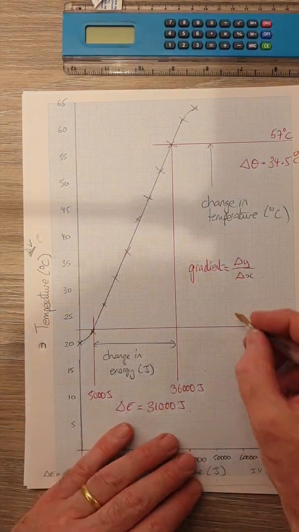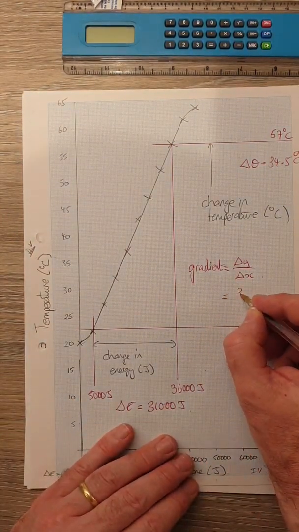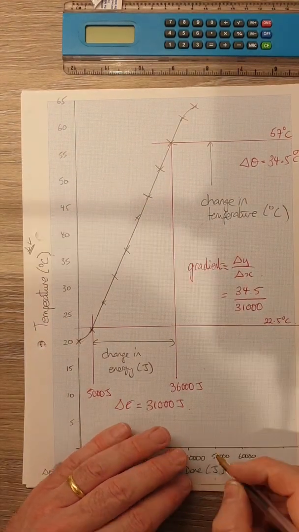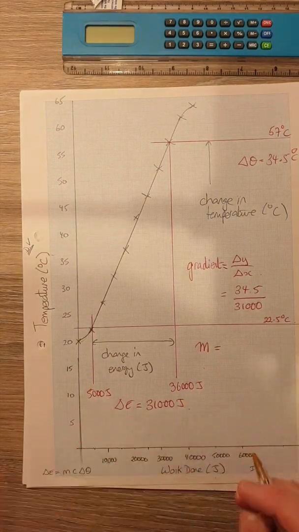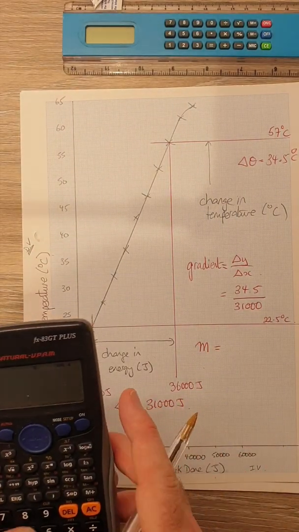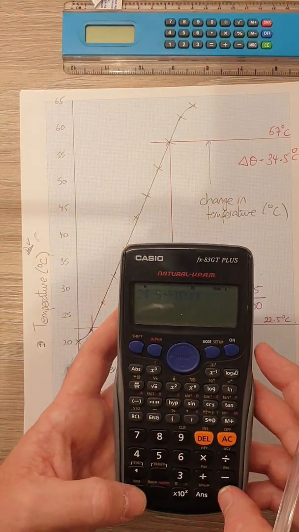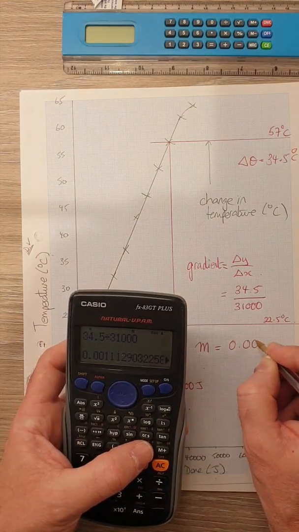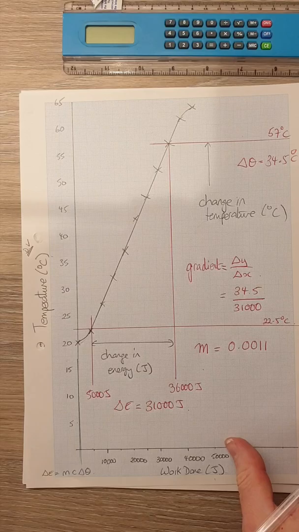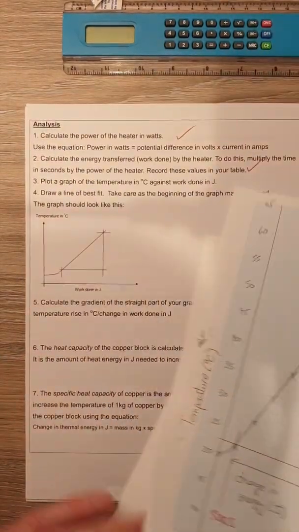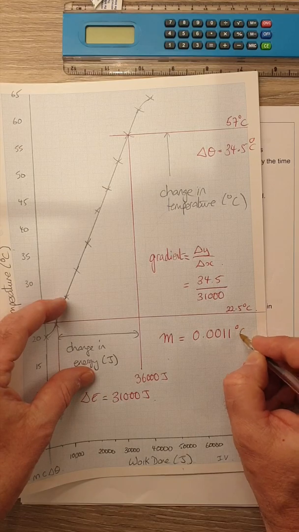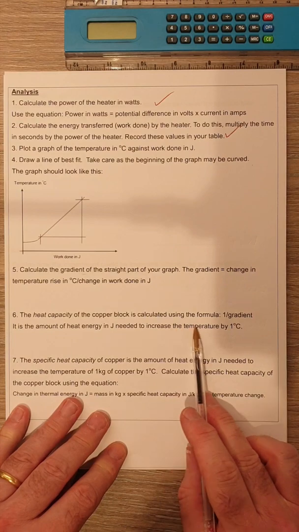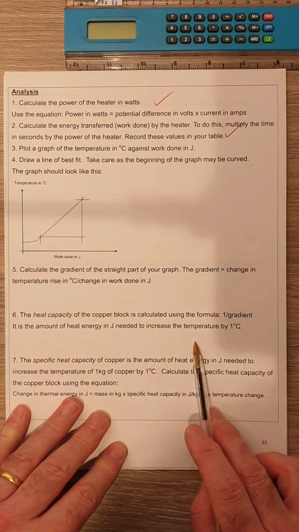So my gradient, change in y over change in x, is equal to 34.5 divided by 31,000. The value I've got for the gradient is 0.011. Remember, units are going to be per joule. Now it says the heat capacity is calculated using the formula 1 over the gradient.